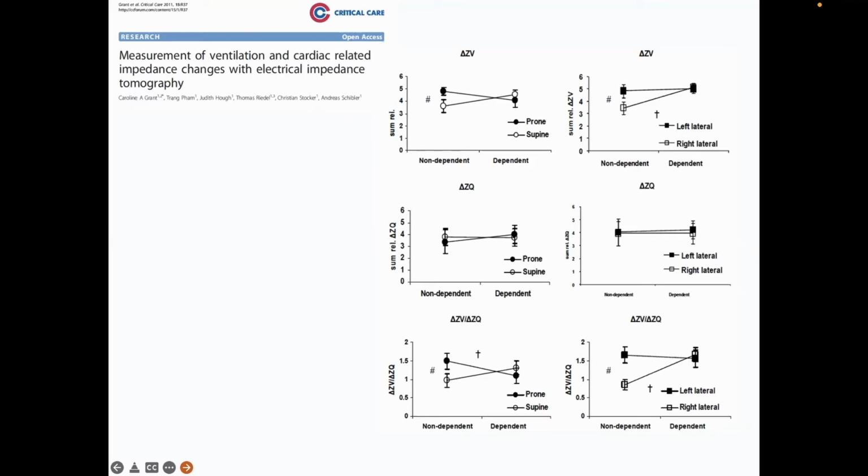So could it be the diaphragm actually that is the culprit for it? And remember again, the diaphragm is pulling much more in the posterior aspects of the lung. So gravity may not place such a big importance on ventilation distribution. It's probably the diaphragm and the position of the diaphragm that has a much greater impact.